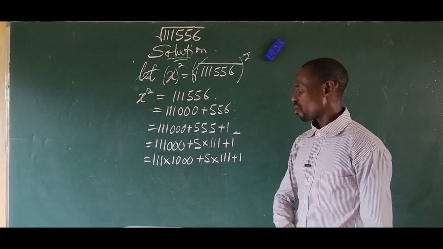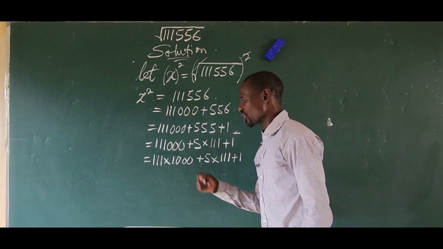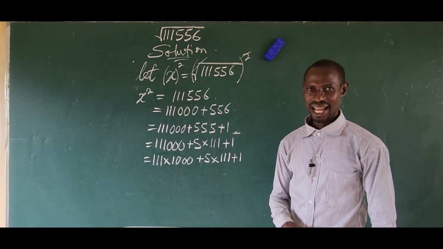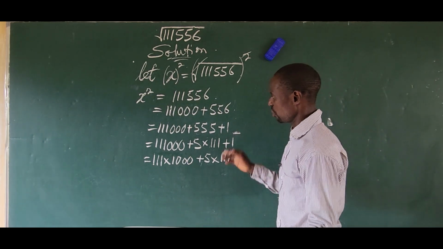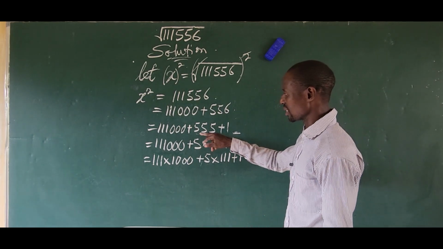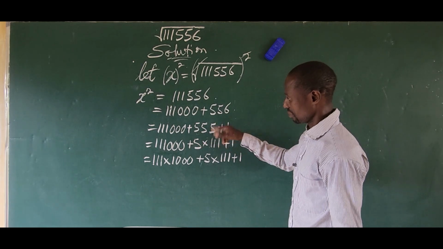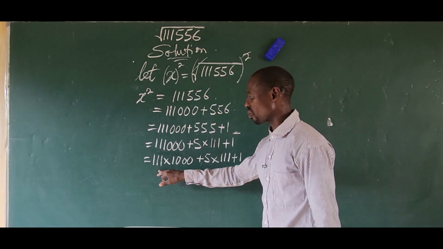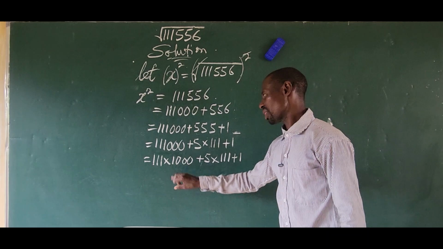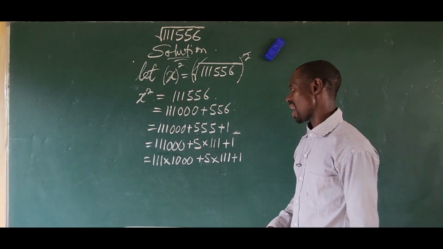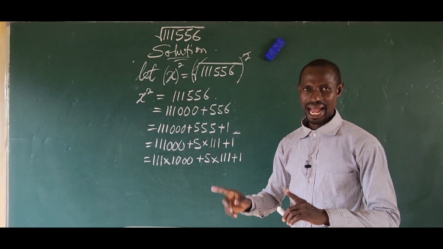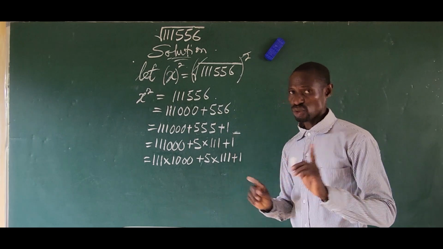So we look at this again. Look at this 1,000. We want to rewrite this 1,000 in such a way that it will lead us to 111 again. So 1,000 could be written as 999 plus 1.